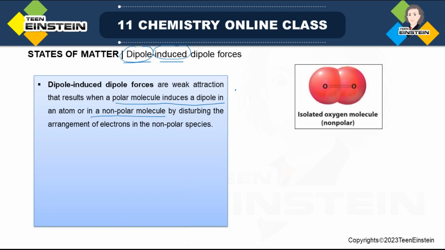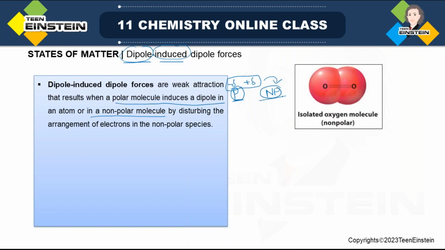So on one side you will have a polar molecule, I am writing polar. Another species will be non-polar. This polar molecule already has an uneven electron distribution. Suppose one side is negative and another side is positive. Because of this dipole nature, it will induce the non-polar molecule.